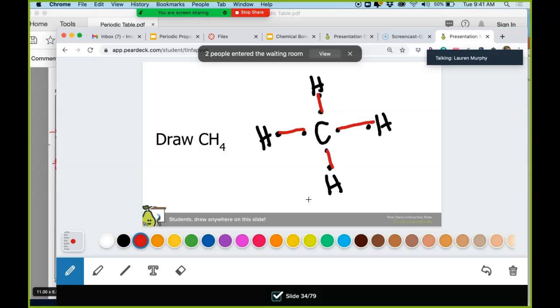Now, the way I drew this, it looks like a plus sign. And I get that, and I understand that. But a plus sign would have 90-degree angles in between it. So the question is in 3 dimensions, right? Obviously this computer screen is flat. In 3 dimensions, can I orient this so that these electrons and these electrons and these electrons and these electrons are further away from each other?